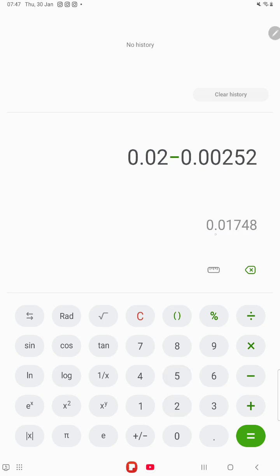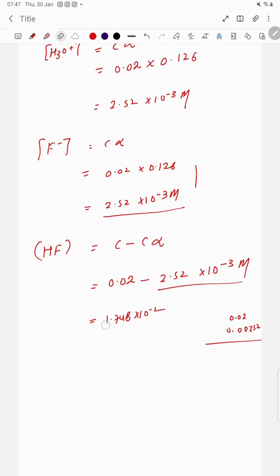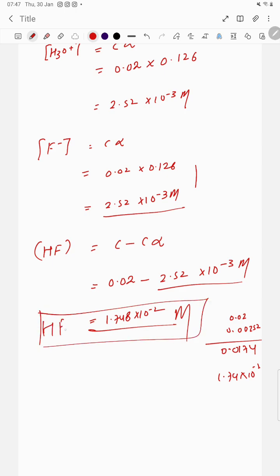How much is coming? 0.0174. So if you put it in scientific notation, we can write 1.74 into 10 power minus 2 molar. It's very simple, student, nothing to get confused about here.